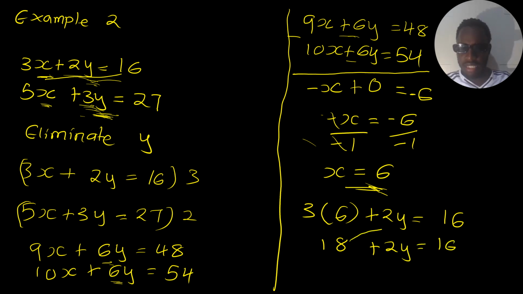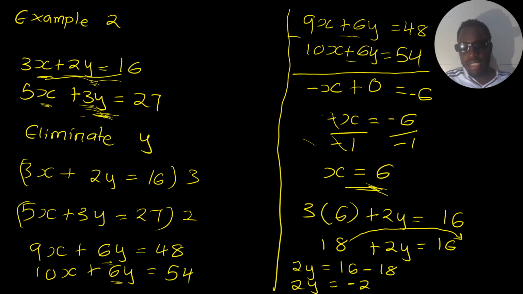So we'll have to take this 18 to the other side. So that is 2y is equal to 16 minus 18. So 2y is equal to negative 2. When you subtract 18 from 16, you get negative 2. So 2y is equal to negative 2.